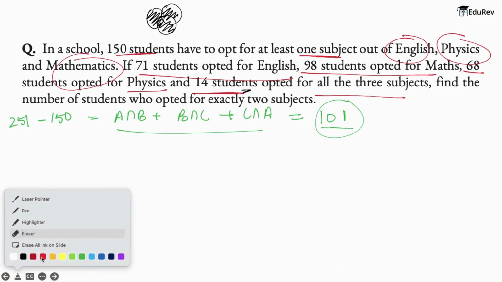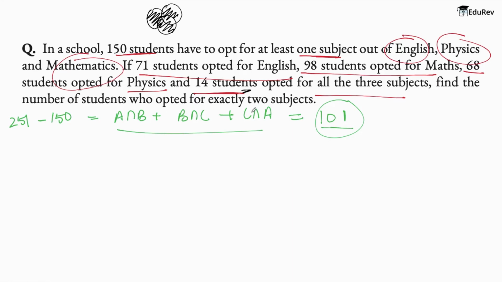Now the point is we figured out that it is 101. But also the students who have opted for all three subjects have been counted thrice, because A intersection B plus B intersection C plus C intersection A. That means I need to subtract what? 14 three times out of it, right?